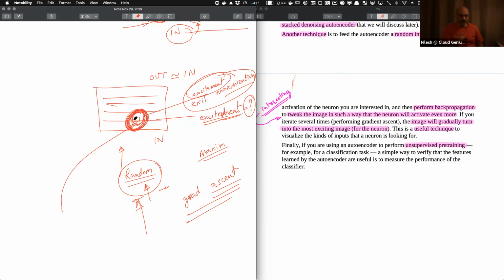And thereby, when it stabilizes, you will know that this particular random input has evolved over time, because you gave it random number 1, and then you say, you know what, excitement level is 0.2. Okay, not good enough. Let's go adjust that and tweak that in backpropagation and try to optimize around maximization of excitement of a given neuron.